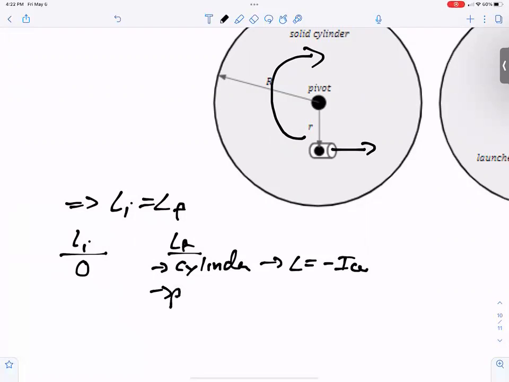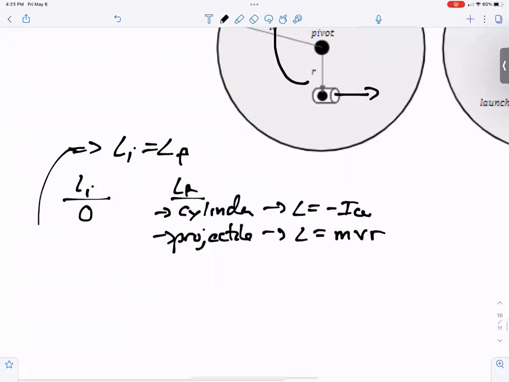And then the projectile is going to be moving with L equals m v little r, because it's only little r away. It's not full radius away. Now, if L initial equals L final, then having no momentum to start is having no momentum to end, and these two momenta should be equal and opposite to essentially add up to zero.